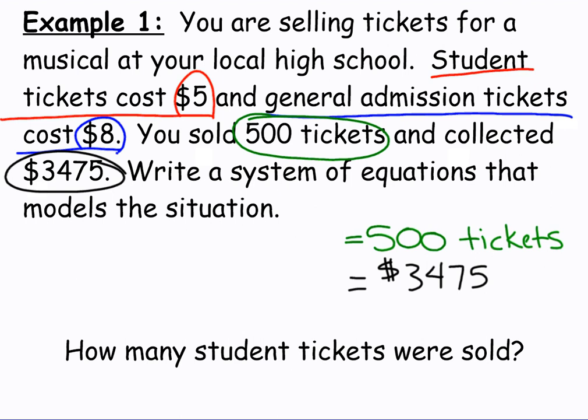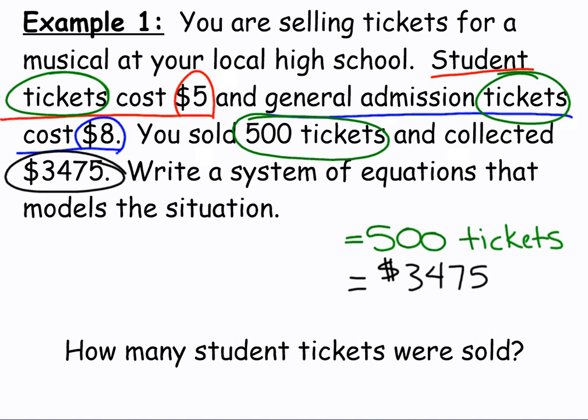Well, my units on the very first one are tickets. So I'm going to be looking for the word ticket throughout the problem. Student tickets cost $5. General admission tickets cost $8. So I know it's got to do with those student tickets and those general admission tickets. Well, there's 2 types that were sold.